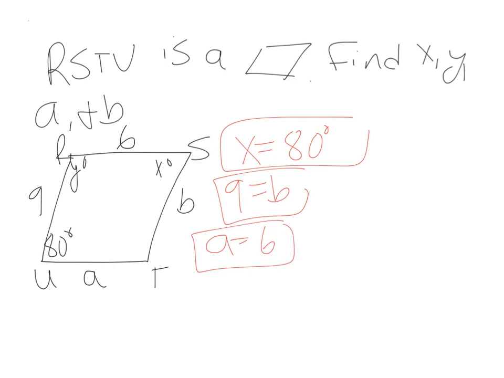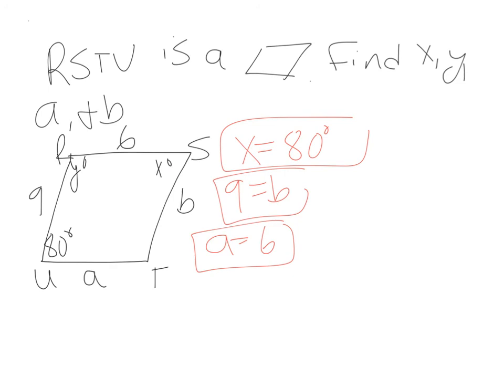Now, why? What you have to remember is that in a parallelogram, consecutive angles, consecutive meaning right next to each other, like X and Y, are always supplementary. Think about it: the angles of a quadrilateral have to add up to 360. If these two are both 80, and I take 360 minus 160, that's 200.